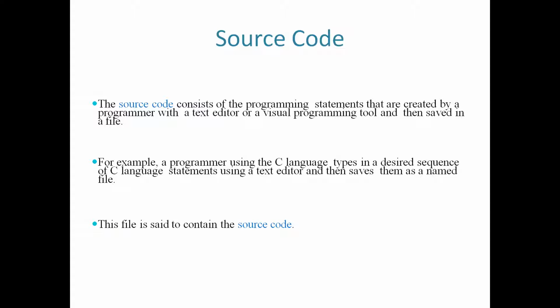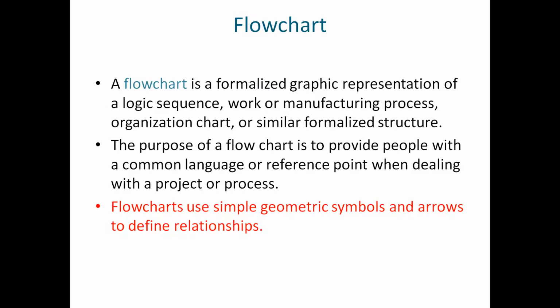For example, a programmer using the C language types in a desired sequence of C language statements using a text editor and then saves them as a named file. This file is said to contain the source code. Moving towards the next terminology, that is the flowchart.